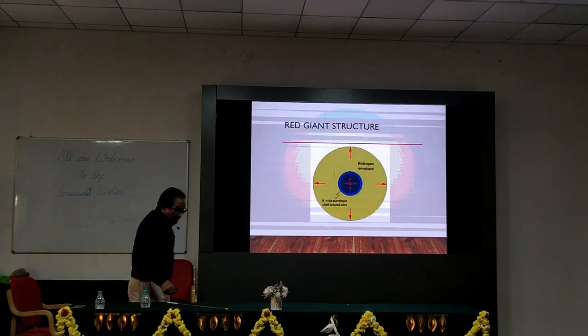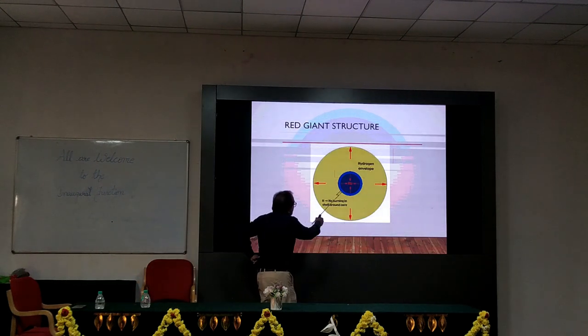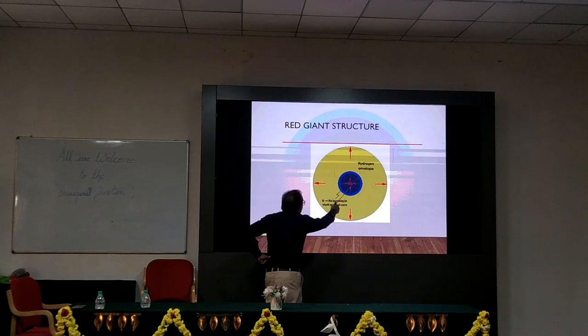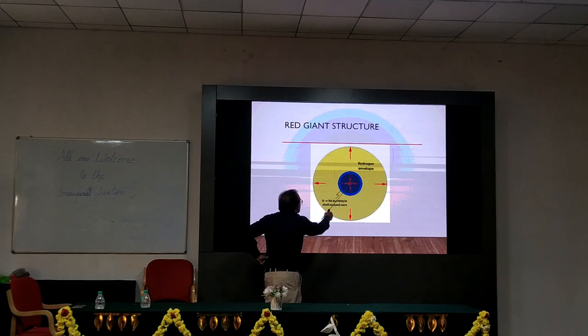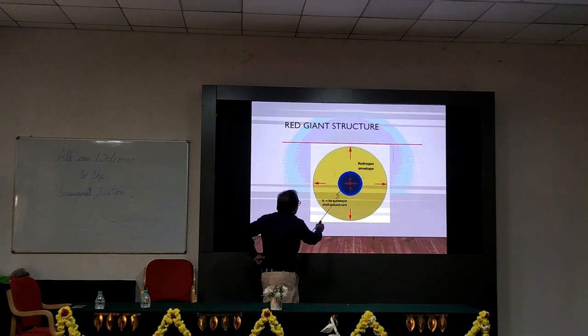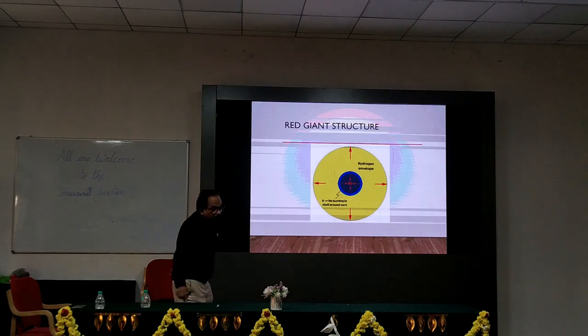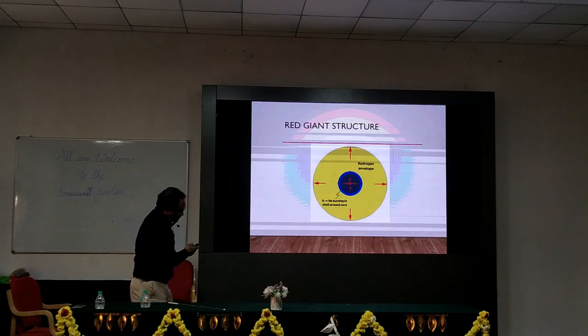This is some kind of cartoon showing that you have hydrogen as an envelope, and in the core you have helium, heavier, and it is still stable. Helium burning is there. Then at high temperature, the radiation pressure is expanding, and it becomes cooler as it expands. So these are the theories.